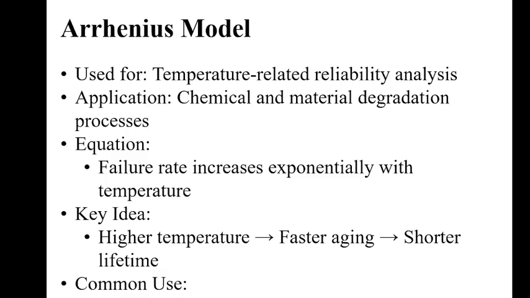The Arrhenius model is one of the most widely used acceleration models in reliability engineering, particularly for analyzing temperature-related failure mechanisms. It is based on the principle that many chemical and physical processes such as material degradation, corrosion, and diffusion occur faster at higher temperatures.